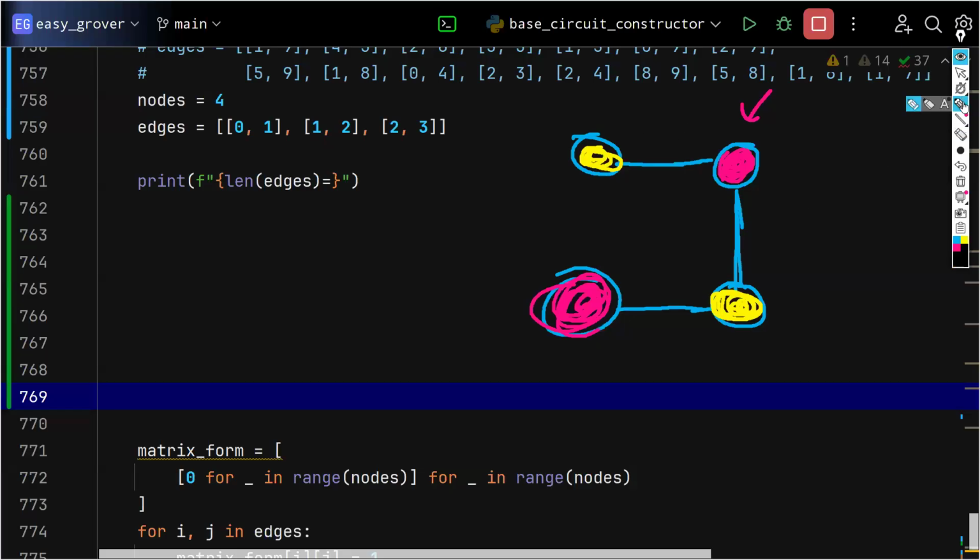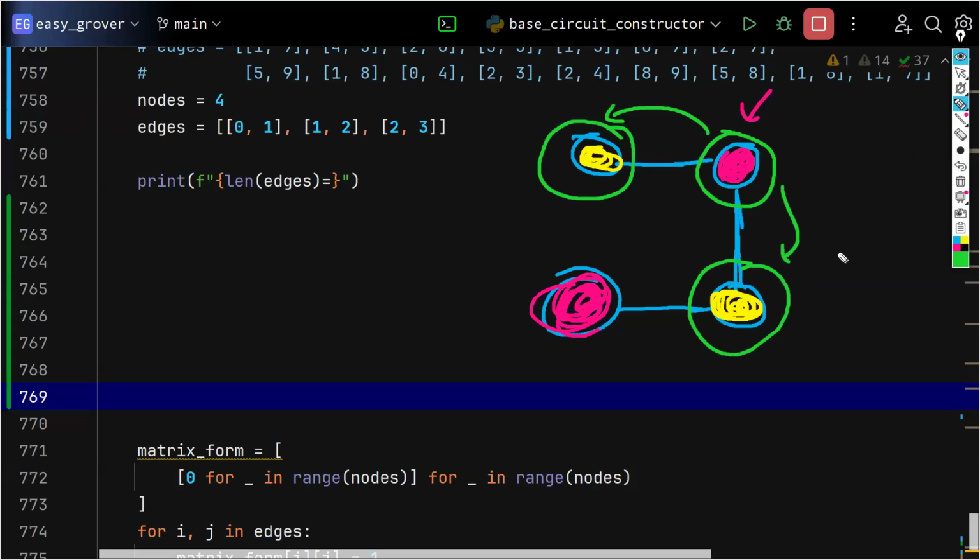So if I have a red node, my linked partner will be a yellow node. And the idea is to find not only a single combination or an optimal combination, but to find all of them.